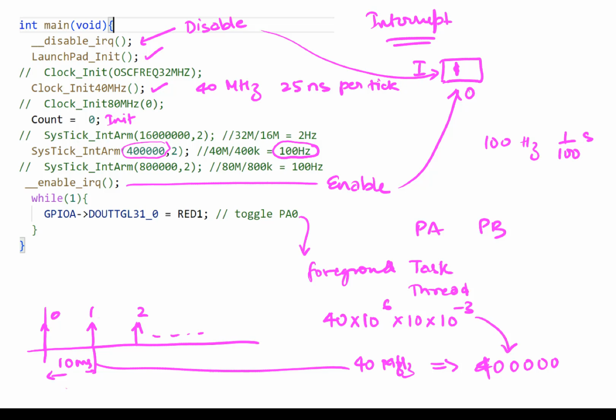Now that we've established everything and we're ready to turn it on, we sit in a while loop and start running. One of the problems with visualizing what happens here is that in the 10 milliseconds between interrupts, the red LED keeps running.